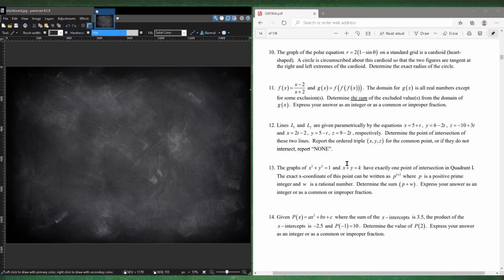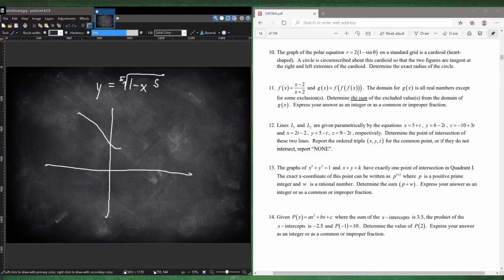Okay, so this is kind of hard to understand, so let's rewrite it as y equals the fifth root of 1 minus x to the power 5. If you graph this in your calculator to see what's happening in the first quadrant, basically it looks something like this, with some kind of hump, and then goes back.